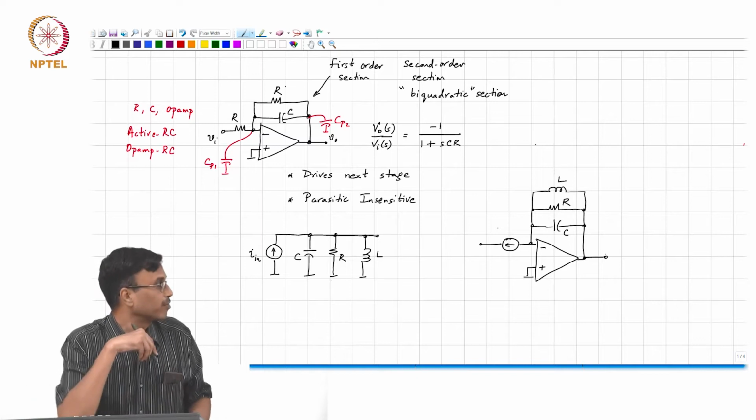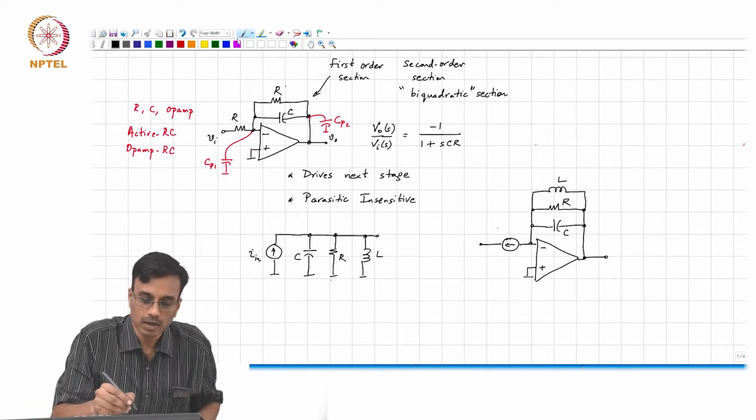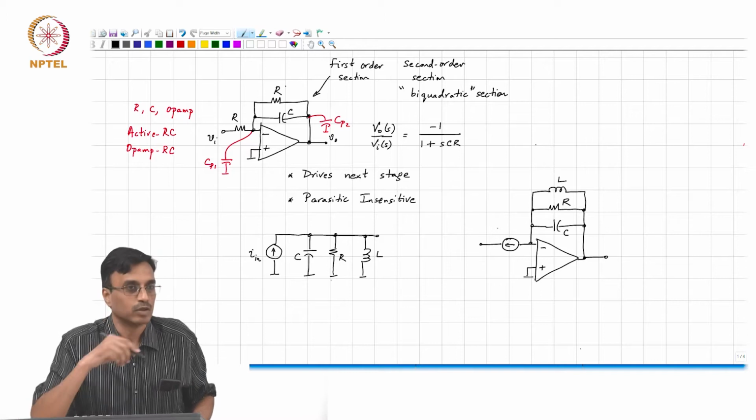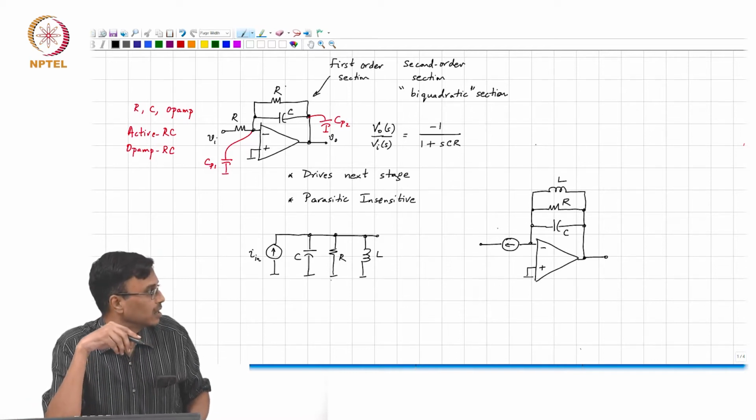And we must somehow figure out a way of tapping off the current through the L.